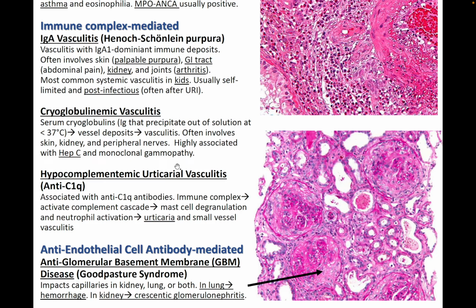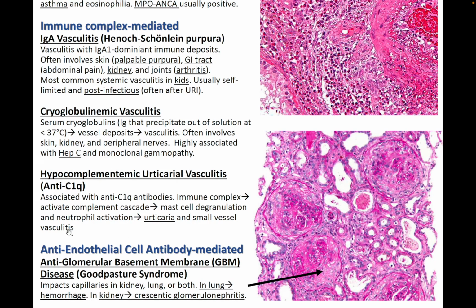Next up, we have hypocomplementemic urticarial vasculitis, or anti-C1q. It's associated with the anti-C1q antibodies, leading to immune complex deposition, activation of the complement cascade, mast cell degranulation and neutrophil activation, and urticaria, and small vessel vasculitis.